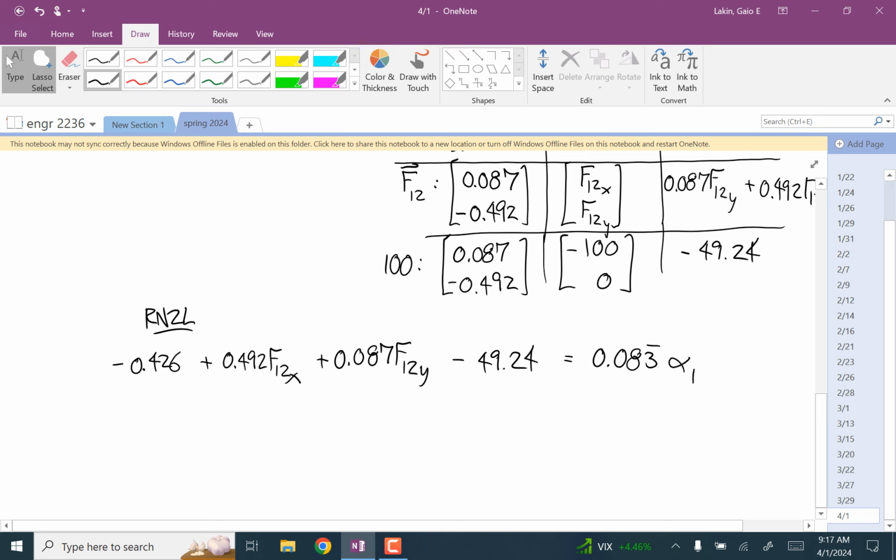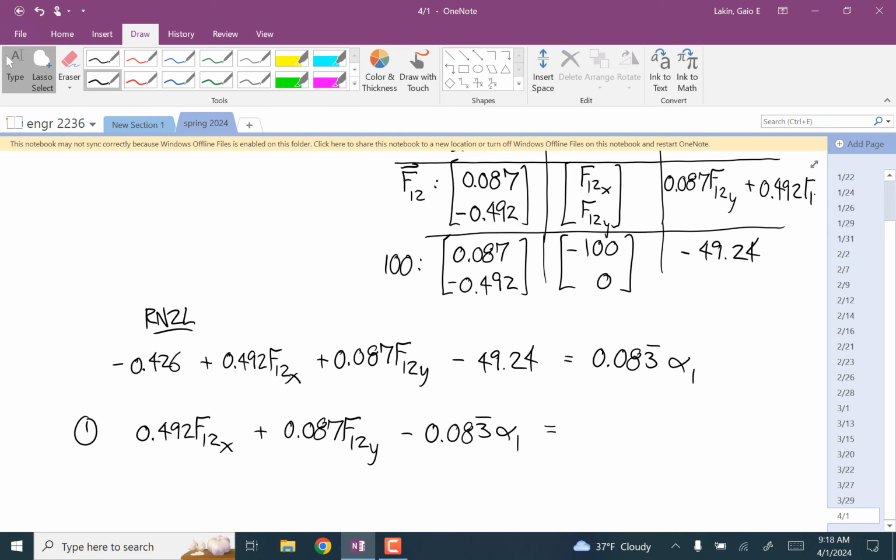And so the first equation says 0.492 F12x plus 0.087 F12y minus 0.083 alpha 1 is equal to positive 0.426 plus 49.24.